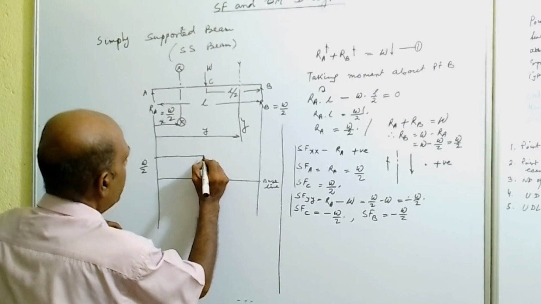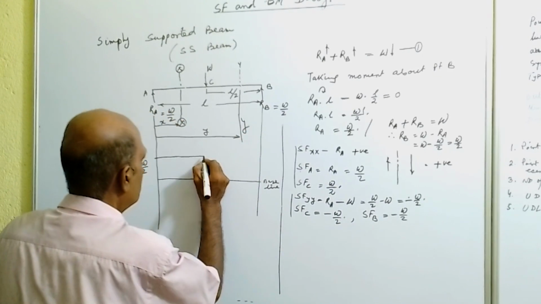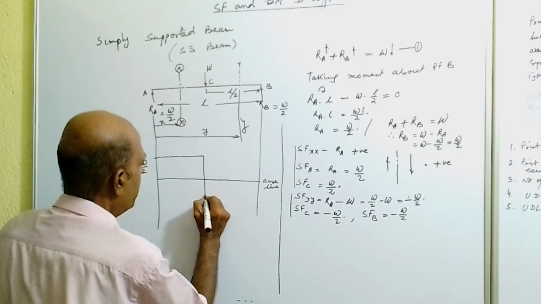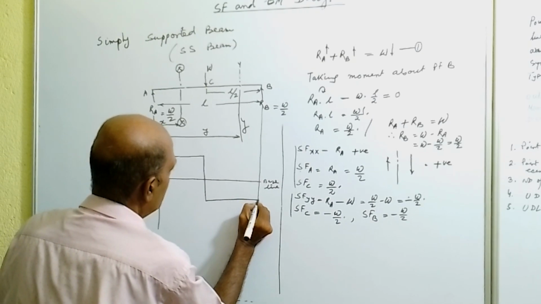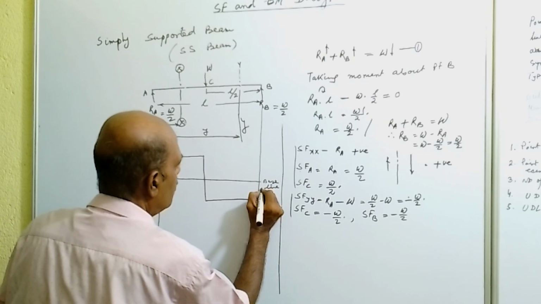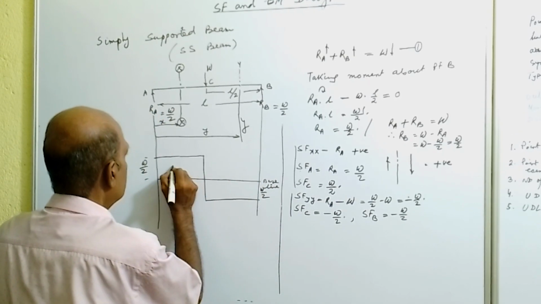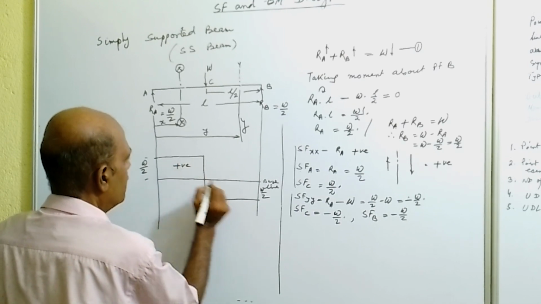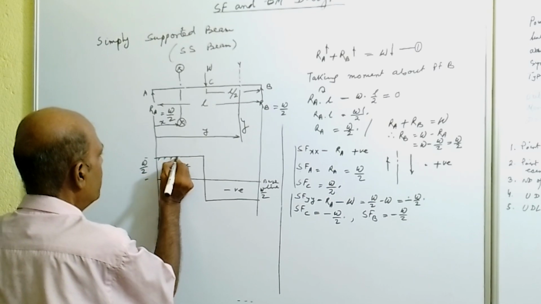And at point C, it will be minus W by 2. So at this point it will vary and the diagram will be like this. So this is W by 2, this also W by 2, and this is the baseline. This side is positive and this side is negative, and put the hatching lines.